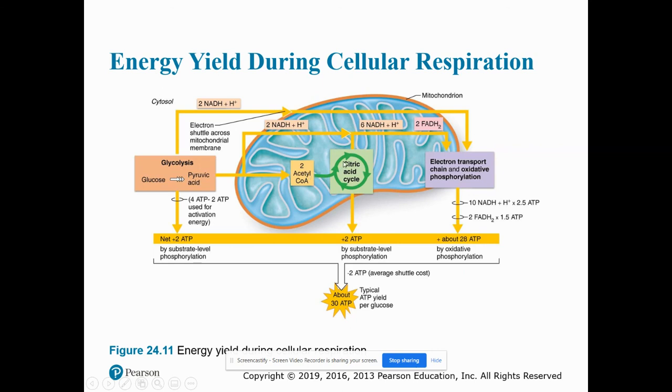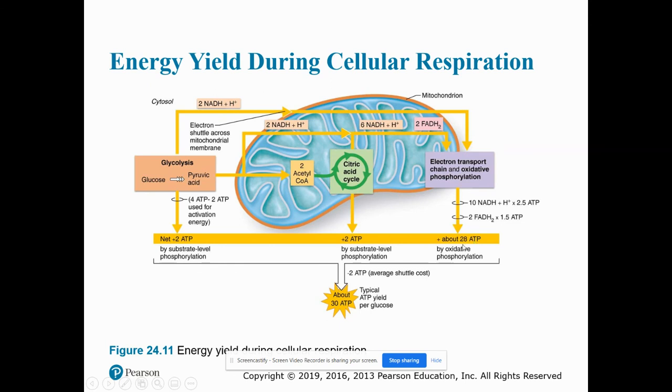The 2 acetyl-CoA are going to go into the citric acid cycle. And in the citric acid cycle, we're going to make 2 ATP via substrate level phosphorylation. And we're going to send 6 NADH and FADH2 to the electron transport chain and oxidative phosphorylation. And then we have our totals here from all of the NADH and the FADH2.